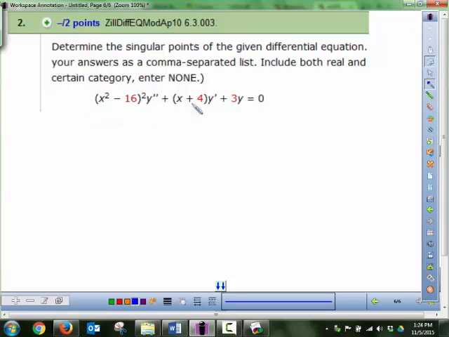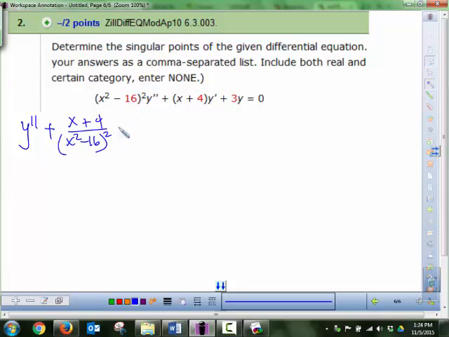By dividing out the leading coefficient, we get y double prime plus x plus 4 divided by x squared minus 16 quantity squared times y prime plus 3 over x squared minus 16 quantity squared times y equals 0.